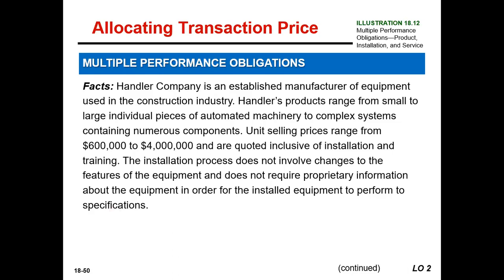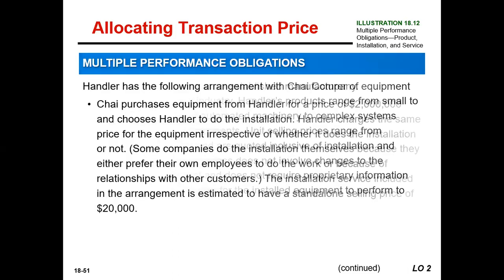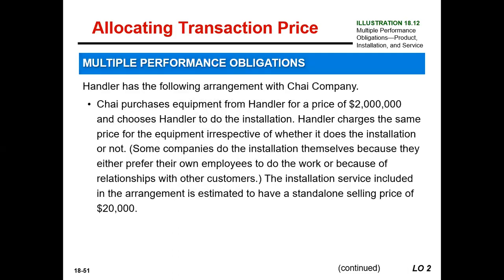So the unit selling prices range from 600 to 4 million, and they are inclusive of installation and training. So Handler has the following arrangement with Chai Company. Chai purchases equipment from Handler for a price of 2 million and chooses Handler to do the installation.